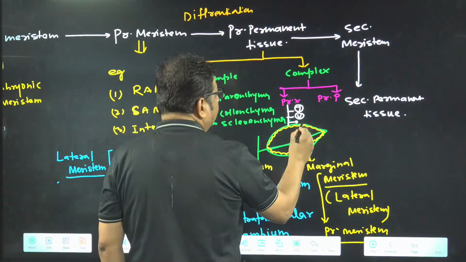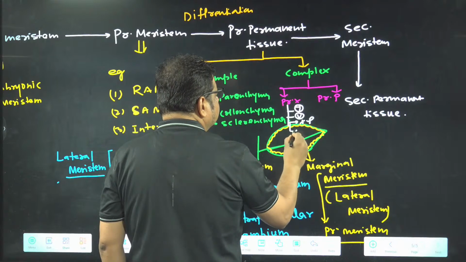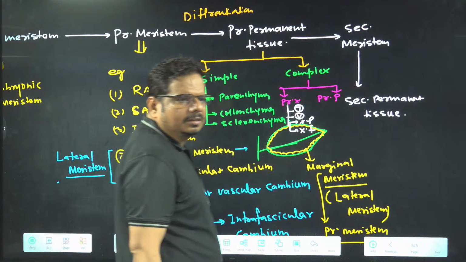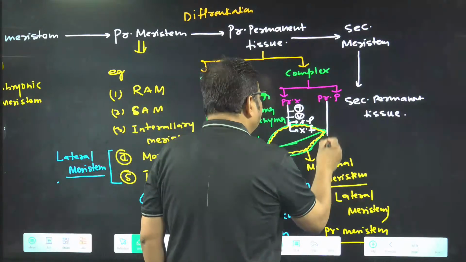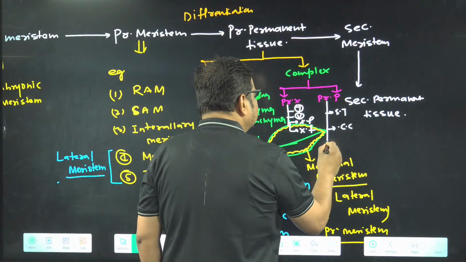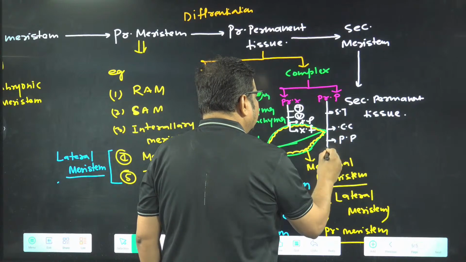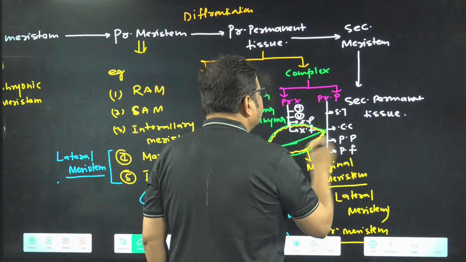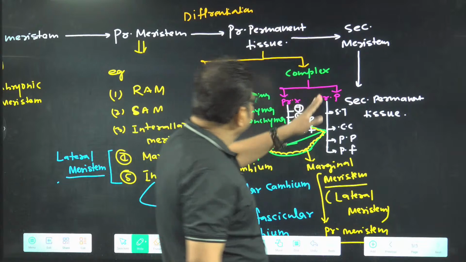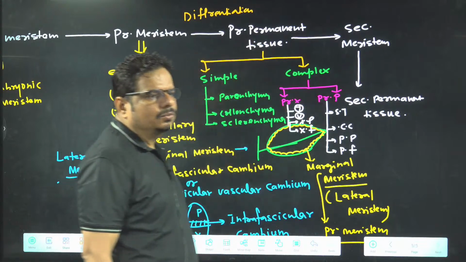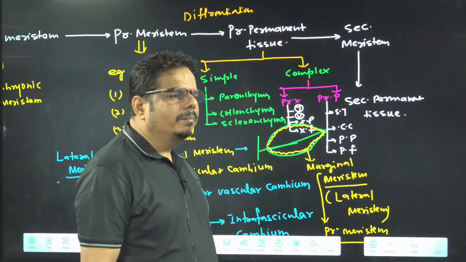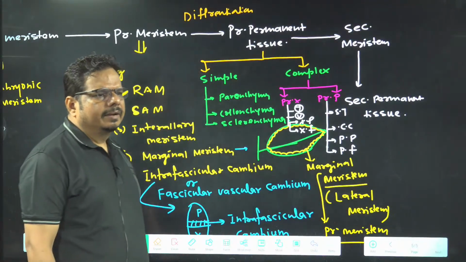Xylem parenchyma and xylem fiber. And in primary phloem, who is there? Sieve tube, companion cell, phloem parenchyma, and phloem fiber. So these are complex primary permanent tissue: primary xylem and primary phloem. Right?